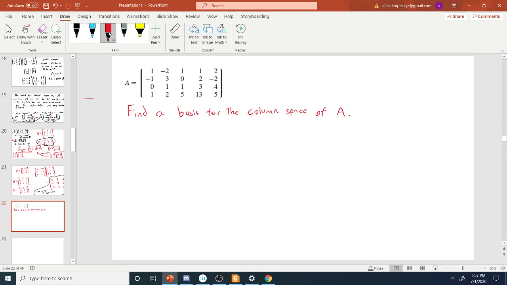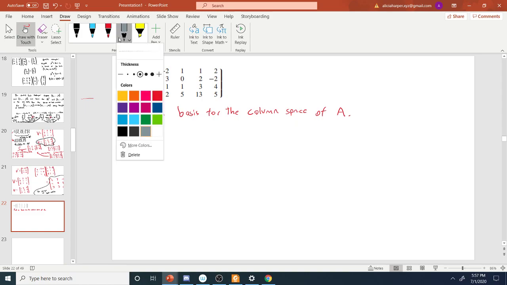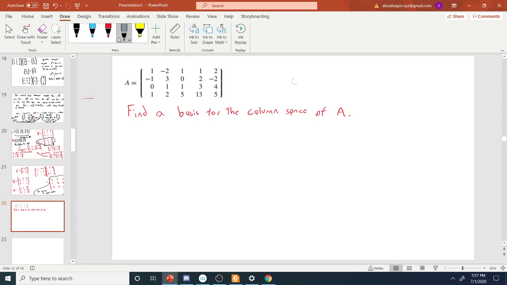So there's two ways to do this. The way I'm going to do it is I'm going to note again that the column space of A is really the same thing as the row space of A transpose.